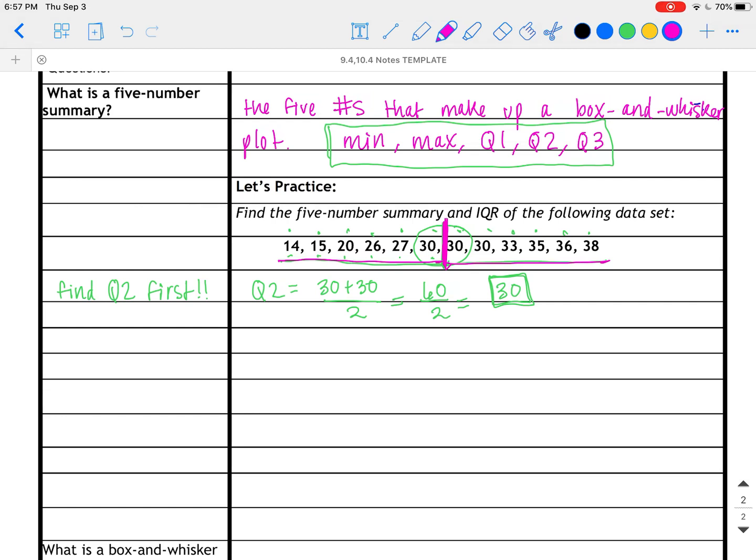So since there's 6 values on each side, we're going to have 2 values in the middle, and we're going to have to use that same strategy. So this is going to be for Q1. We are going to do 20 plus 26 since we have to find the mean of those, and then we're going to divide by 2. That gives us 46 divided by 2, which of course is 23.